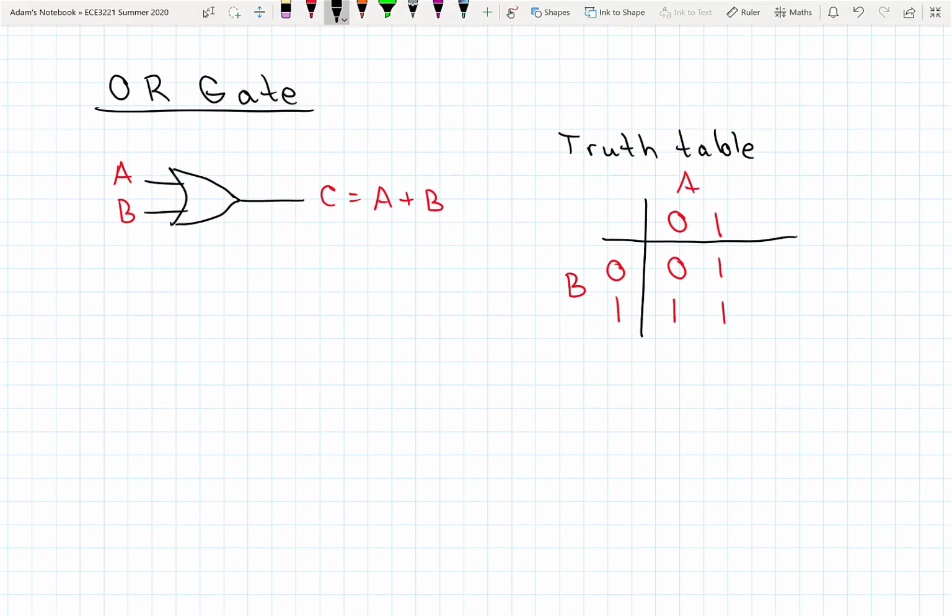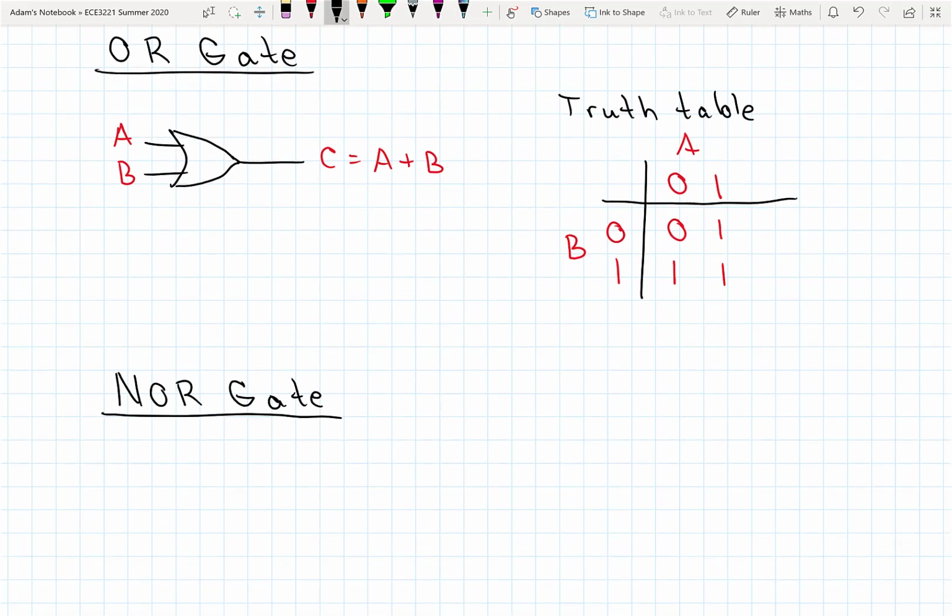Okay, NOR gate again is just our OR gate with an inverted output. See that bubble on the output signifying an inversion operation.